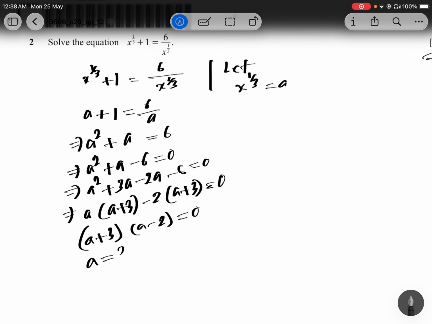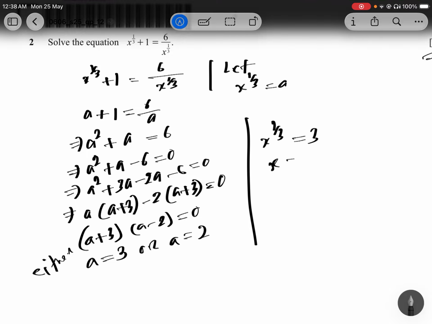So either a is equal to, so x to the power 1 by 3 is equal to 3. So our x should be, if I do the cube on both sides, I'll have x on the left hand side and 27 on the right hand side.